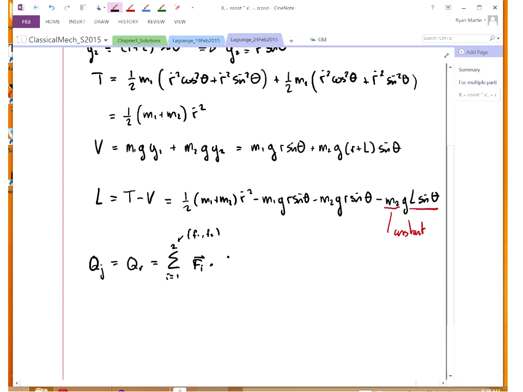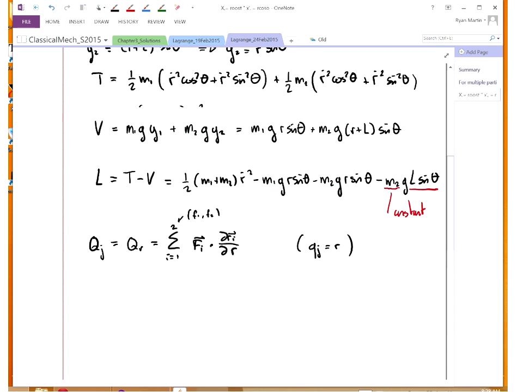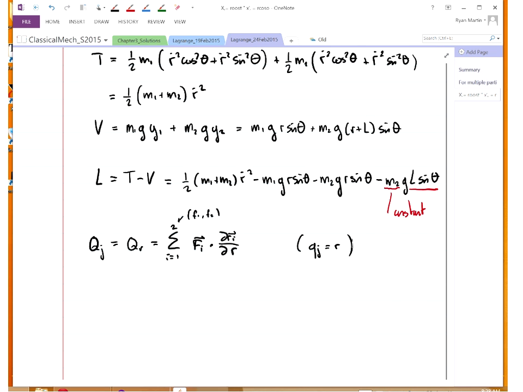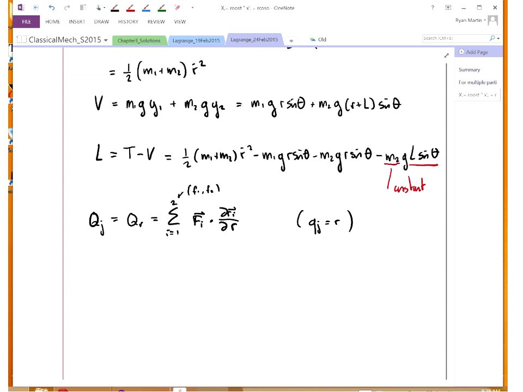It's defined to be Fi dotted with dRi by dQj. But Qj, remember, is r. Before we can do this, we need to write everything in terms of vectors so that we can do this scalar product.